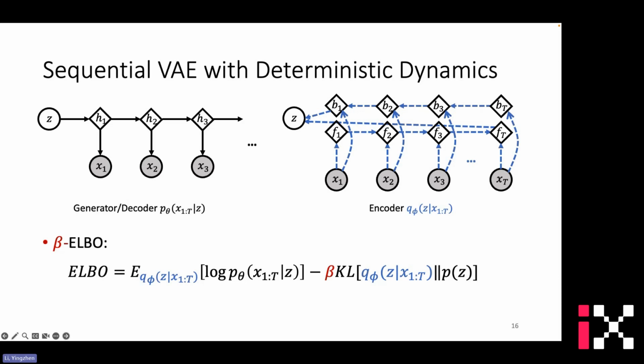In the previous example, for the image case, we only assume P of Z is a simple Gaussian distribution of mean 0, variance 1. So it basically means you don't need to learn it. The PZ here, we can also assume to be a Gaussian distribution of 0 and 1.